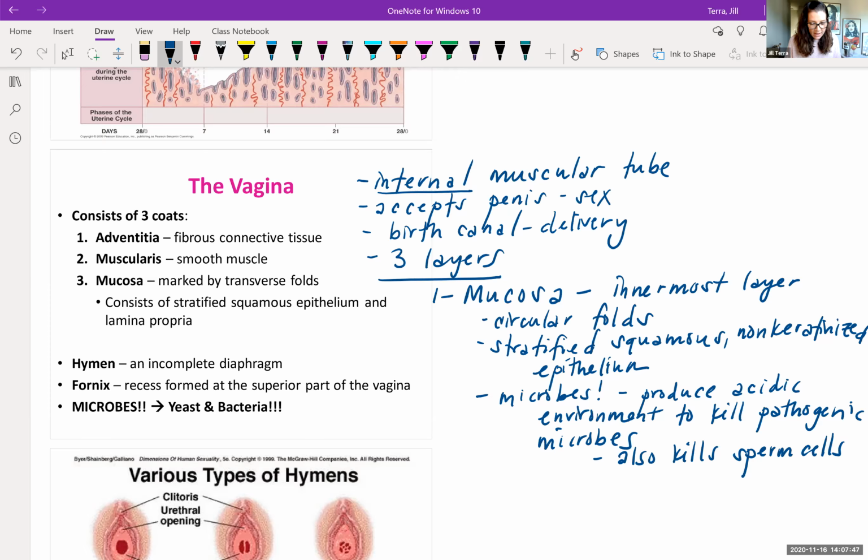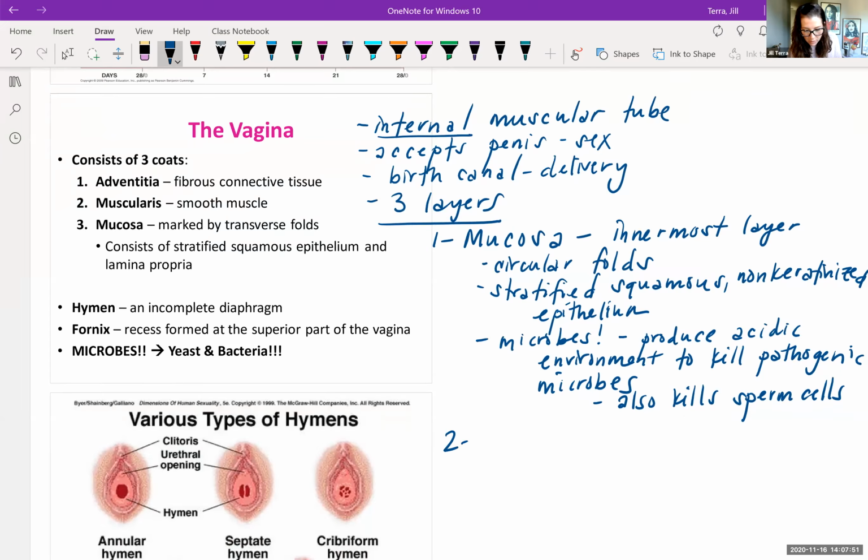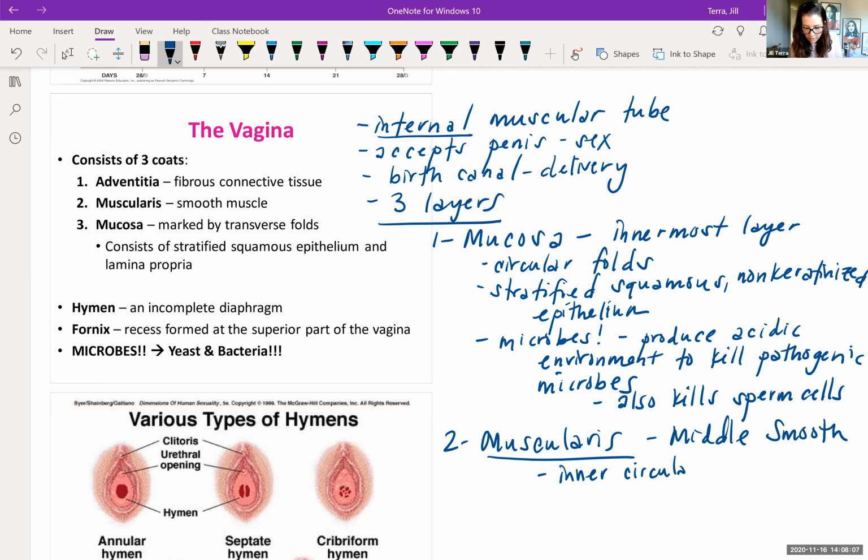All right. And then we've got the middle muscularis layer. Okay, which is smooth muscle and contains an inner circular layer and an outer longitudinal layer.